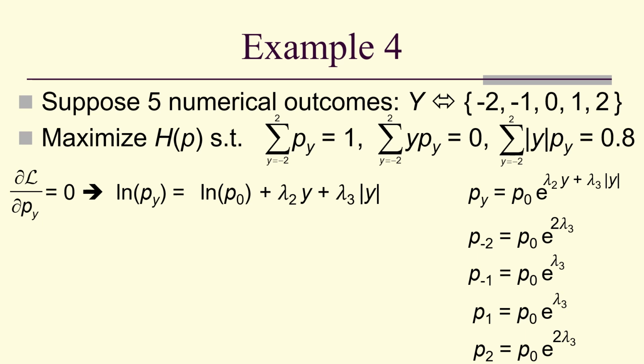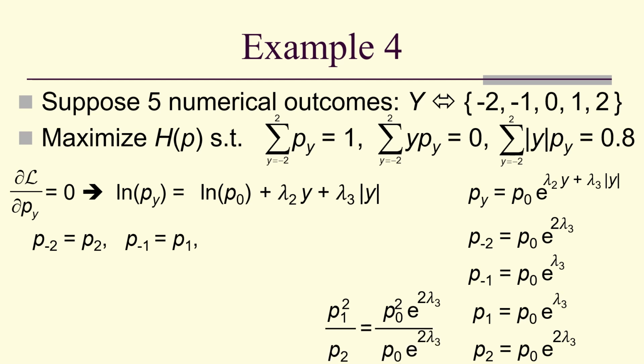So simplifying, there's no lambda 2 anymore. Our probabilities are p naught times exponentials with lambda 3. So let's figure out what lambda 3 is. Well, notice that p negative 2 is equal to p2 and p negative 1 is equal to p1. So p1 squared is p naught squared e to the 2 lambda 3.